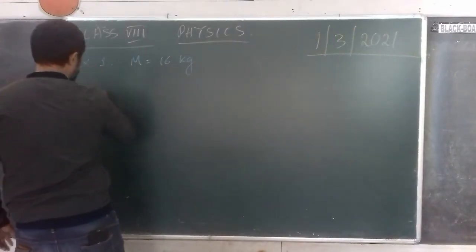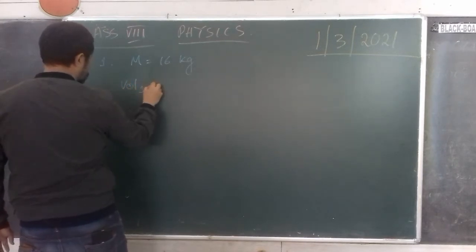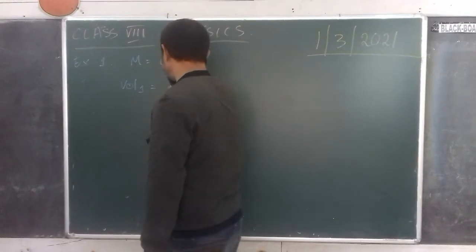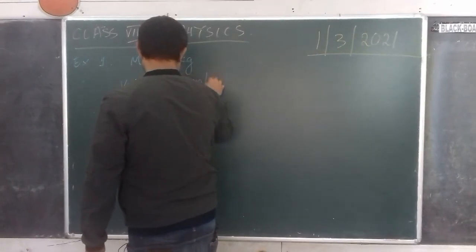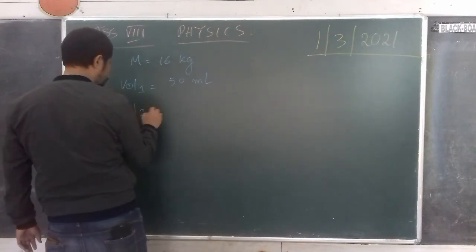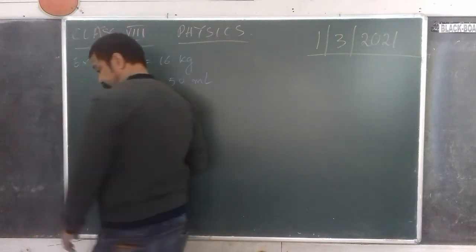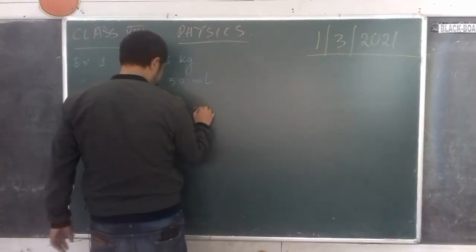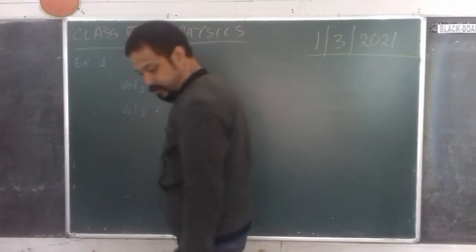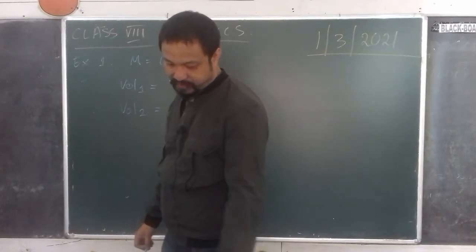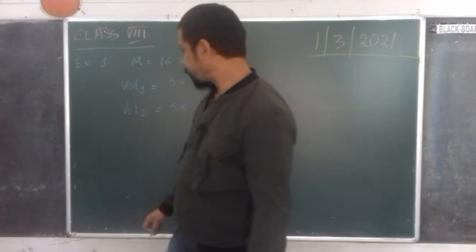Now, what was the initial level of the water? We'll call it volume 1. It was 50 milliliters. Then the final level of the water, after we put that solid inside it, is 58 milliliters. Now, how do we find the volume of the solid? We have to find the difference.